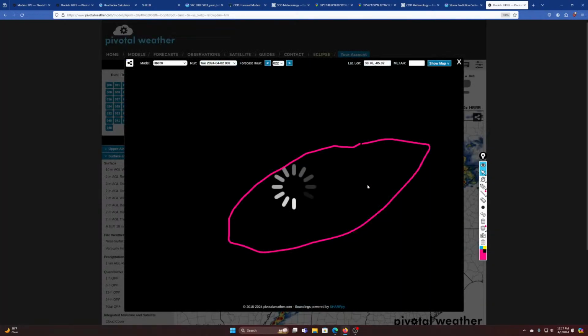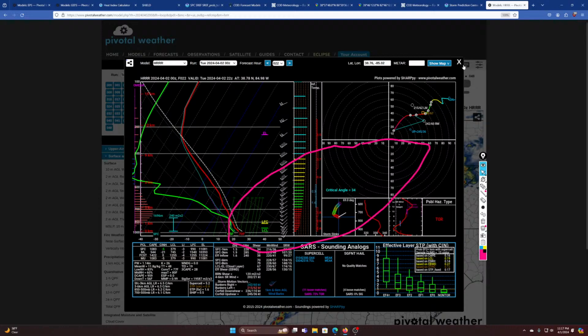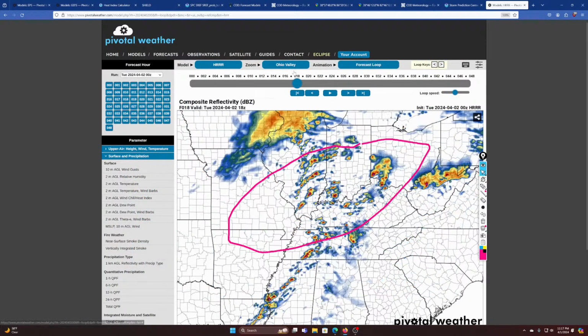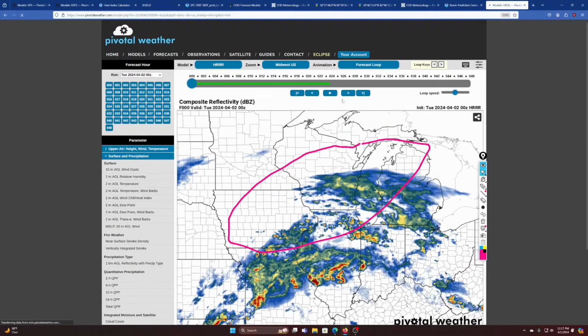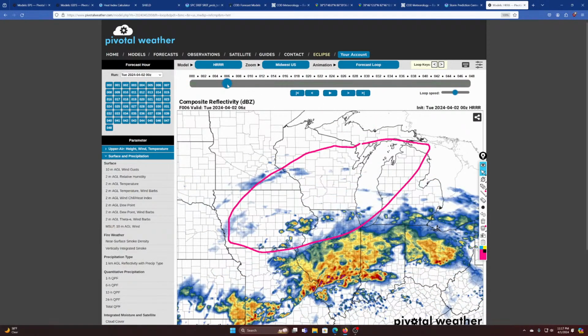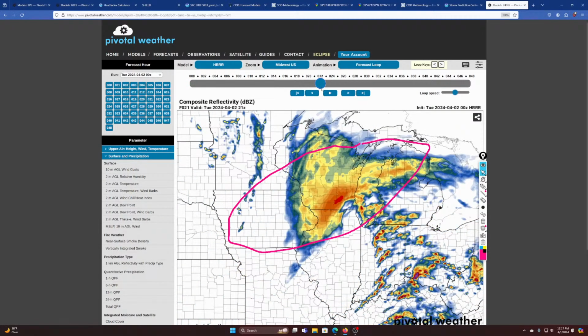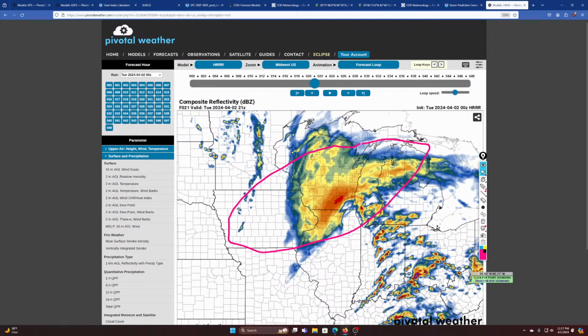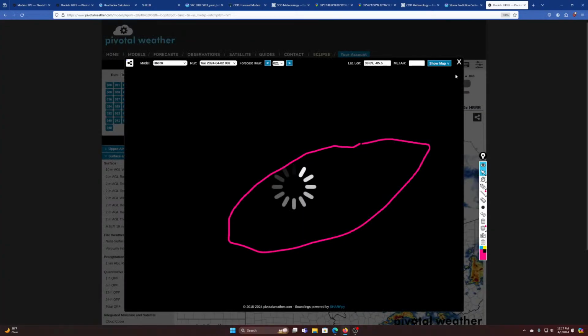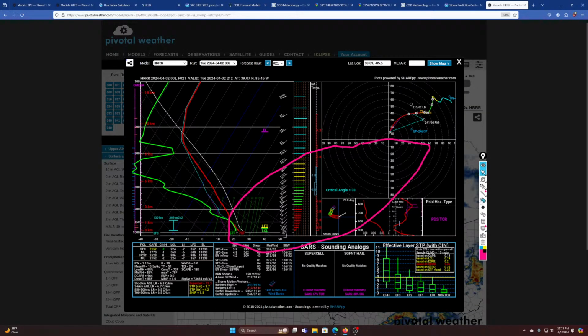So let's get a sounding in front of it. And that's a low CAPE environment. Let me move a little bit more like here, and go to 21Z tomorrow. Look at this. Where is this?